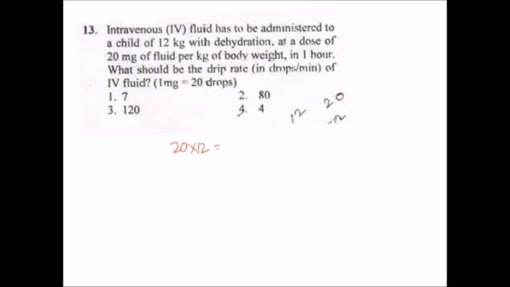If 1 gram has 20 drops, then 20 milligram will equal 20 into 20 drops. So 20 into 12, and we have to calculate per minute, and here it is 1 hour, so let's convert this 1 hour into 60 minutes. When you solve this, you will get 80. So the answer will be 80.